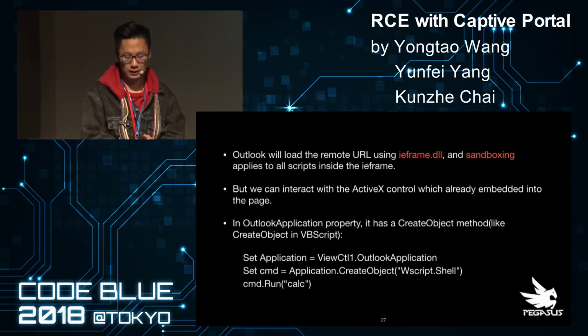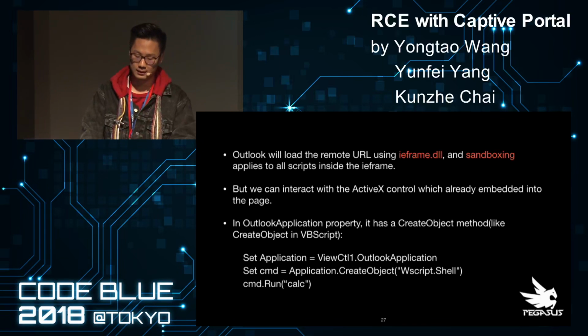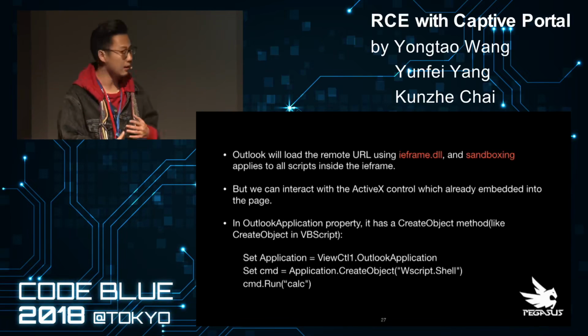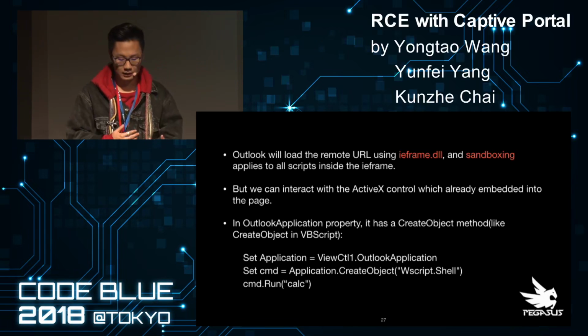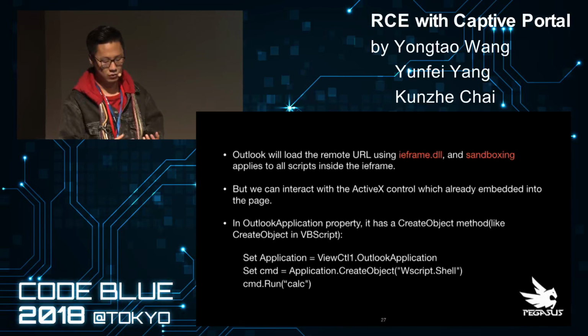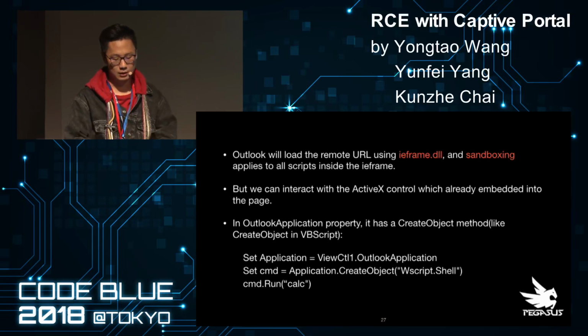Outlook will load the remote URL using an iframe, and sandboxing applies to all the script inside the iframe. But we can interact with the ActiveX control which is already embedded into the page. We can make use of functions and access objects of the control.